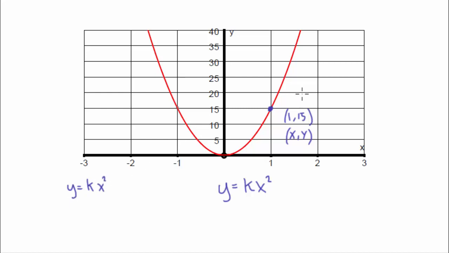For this point y is 15, so 15 equals k times 1 squared. So 15 equals k, or k equals 15. So y equals 15x squared, and that is the equation for this parabola.